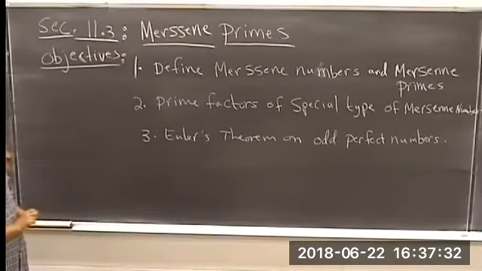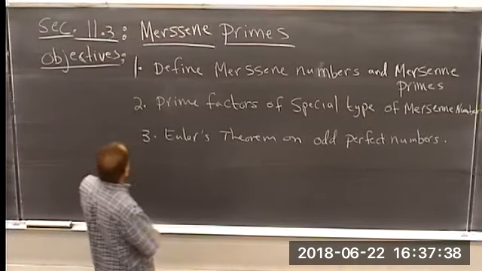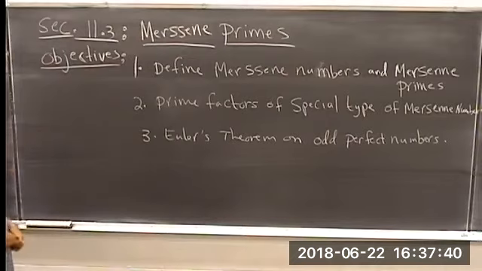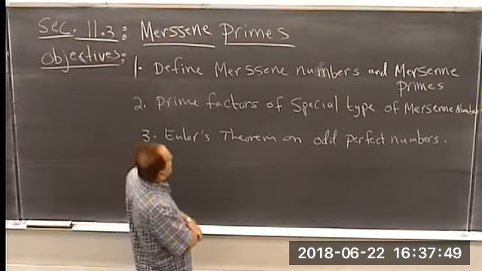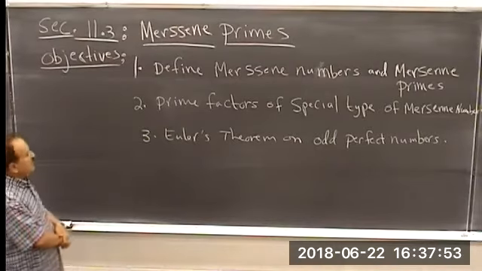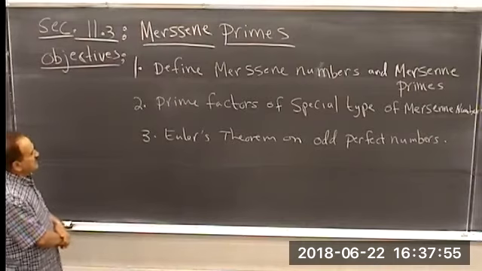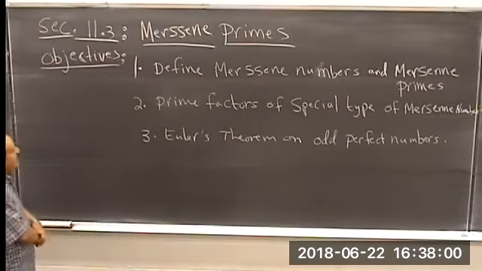We're going to get started on another one of the selected topics that I said we're going to cover. This is going to be over section 11.3, and in this section we're going to be discussing Mersenne primes. We have seen what Mersenne primes are, and Mersenne numbers in general, in section 11.2 when we discussed even perfect numbers.